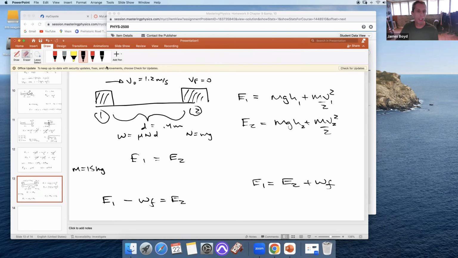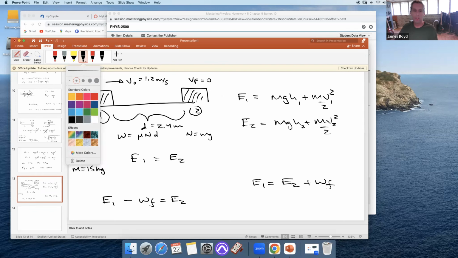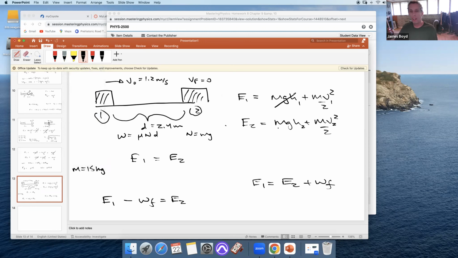Now, which of these can we get rid of? Well, we don't need the height change because there is no height change between E1 and E2. And we don't need the final velocity or the final kinetic energy. This turns out to be 0.